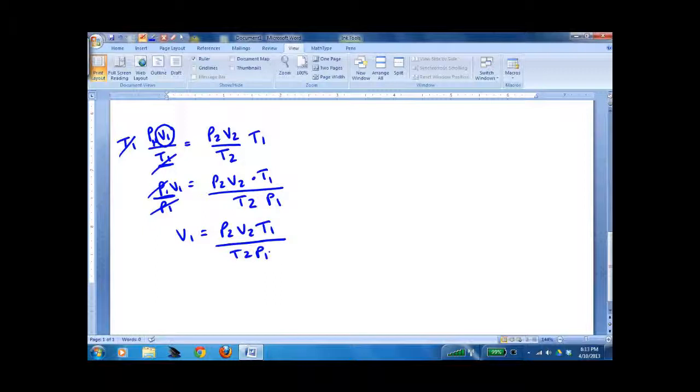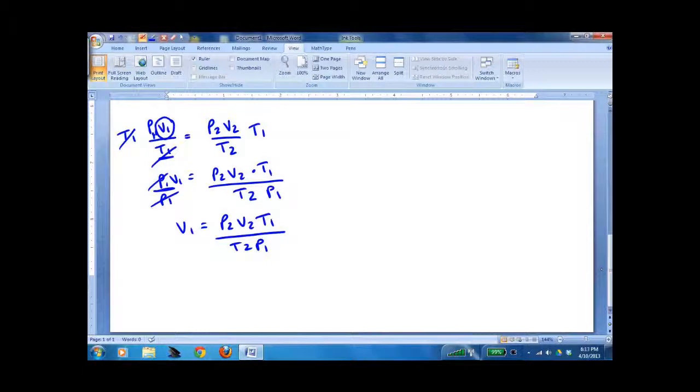And there is our problem. Notice an easy way to check for this here. We divided here by P1, which makes sense. If we had multiplied by P1, we would have had P1 squared, and that's not helping us. We're trying to get rid of these other variables so that all we're left with is the one variable.